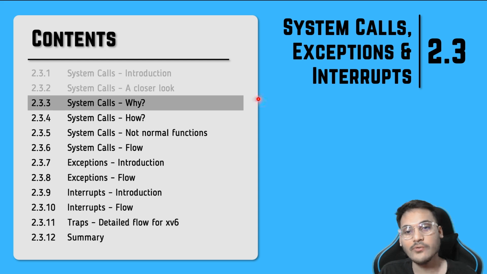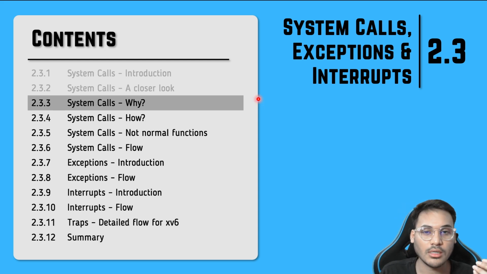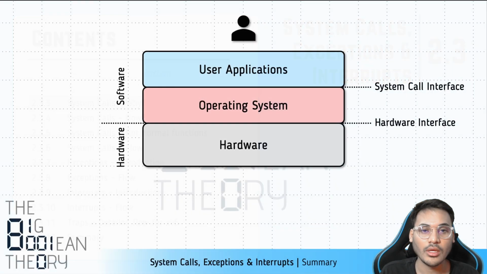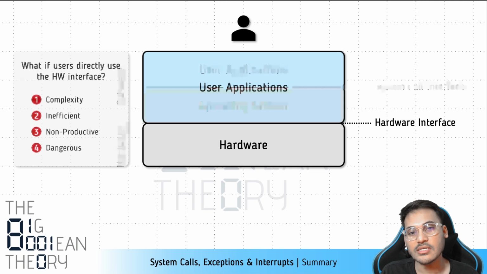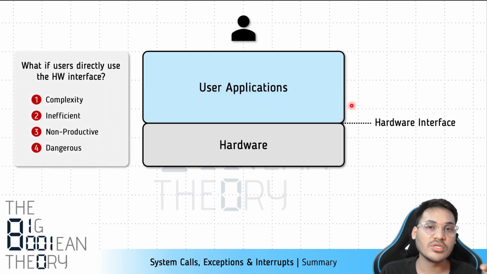Then in the third video, we discuss the reason why we need system calls. The concept behind system calls is that the user application is requesting the operating system to perform certain operations on its behalf. The question that we raised in that video is why cannot the user applications perform these operations themselves? Why request the operating system?